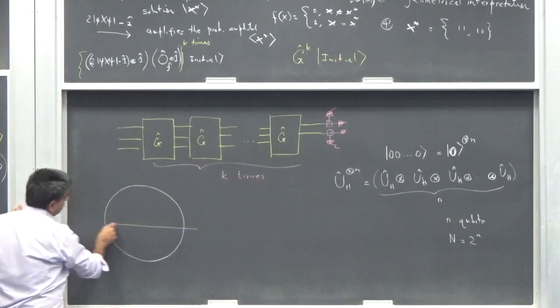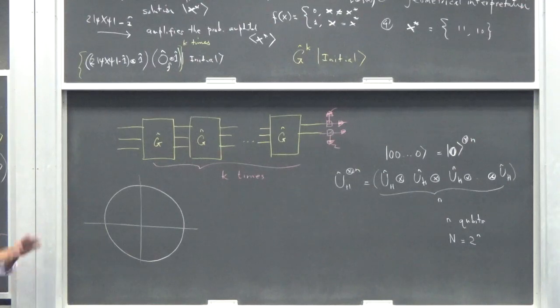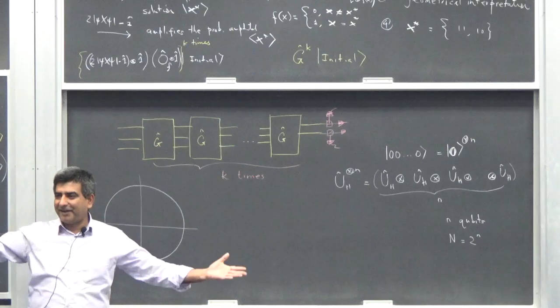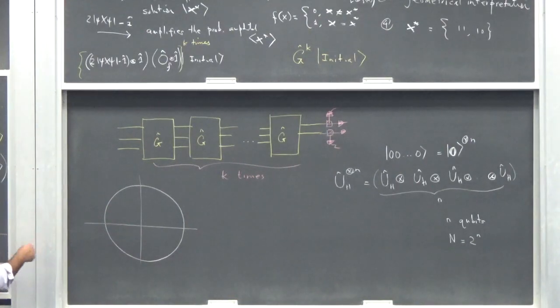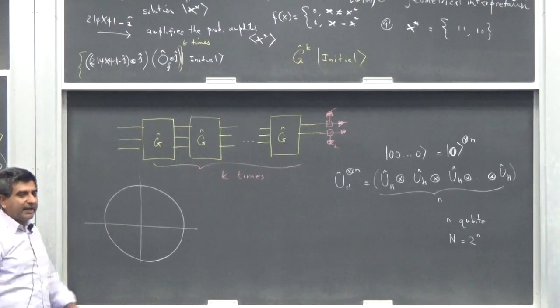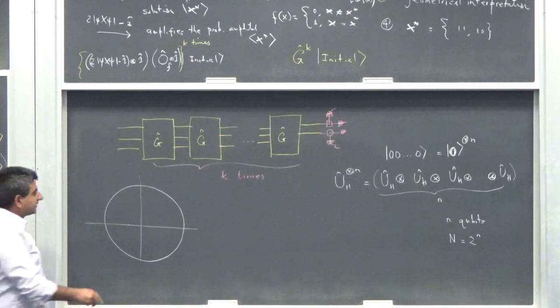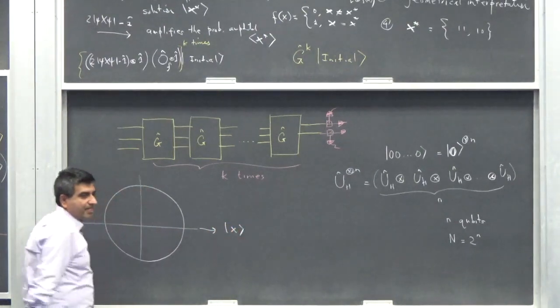And this is not a Bloch sphere because I'm not talking about one qubit now. This is a higher dimensional Hilbert space. But for purposes of geometrical interpretation, I'm just drawing a circle. And there's a particular search vector that I'm looking for. Suppose that search vector is ket x. This is my solution.